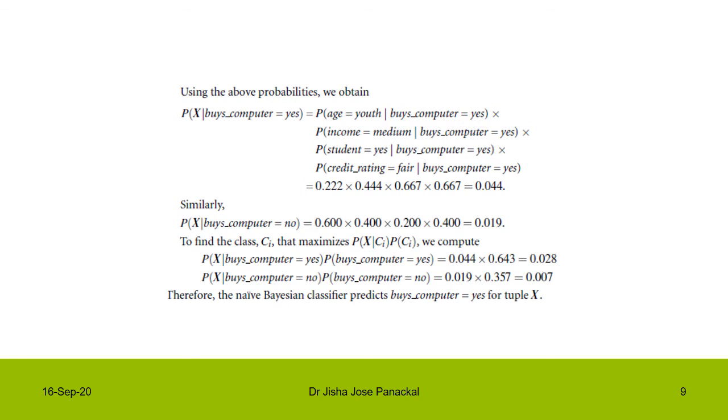We have to find the probability of the attribute conditioned on the particular hypothesis, as well as the probability of the hypothesis conditioned on this particular attribute, which is known as the posterior probability. These are calculated like this, and these equations can be used for classification of a new tuple.